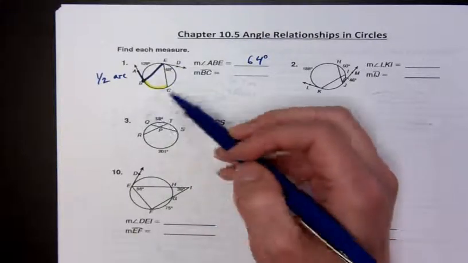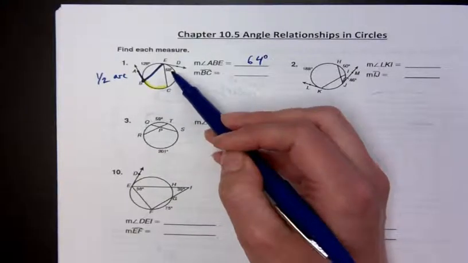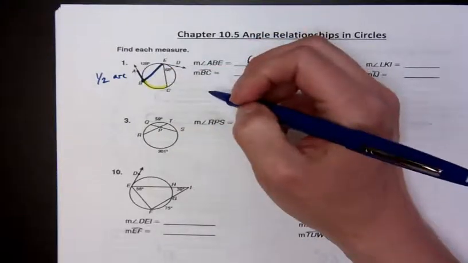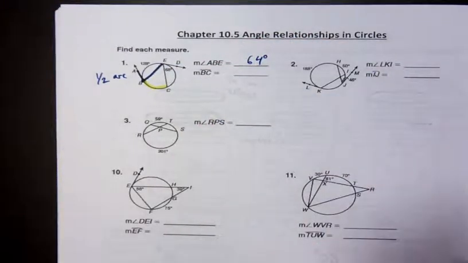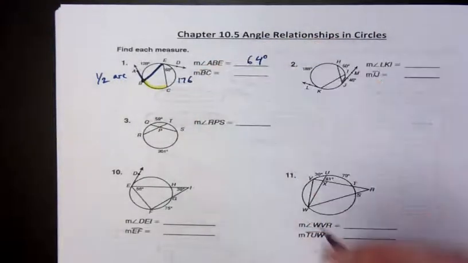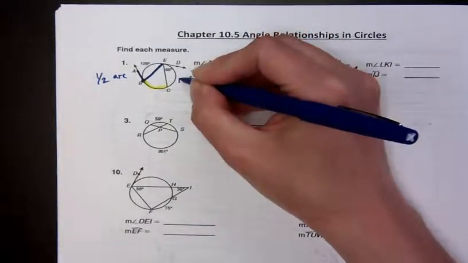So I heard some people saying, well, first we find this part and then subtract. So that's the way to do it. So 68, we're going to find this arc, and then we'll end up subtracting from 360. So what's 68 times 2? 136, yeah.